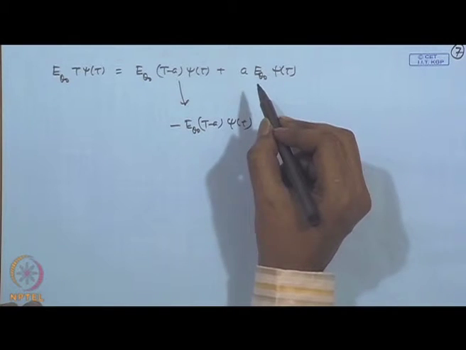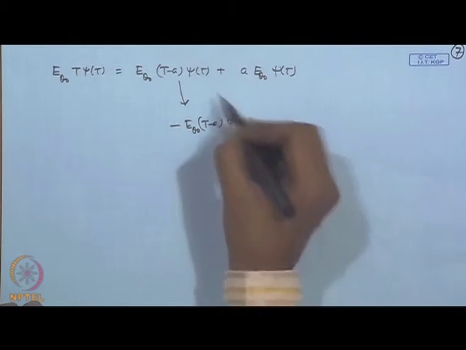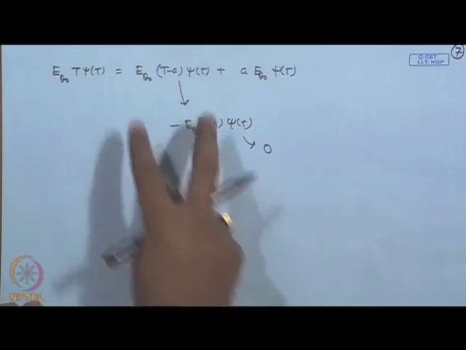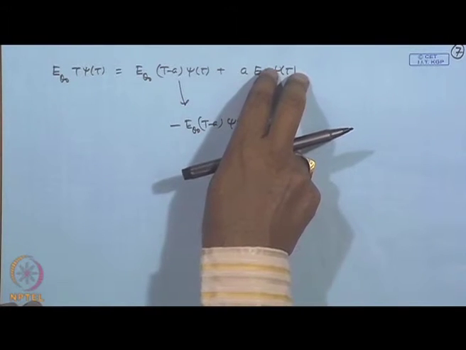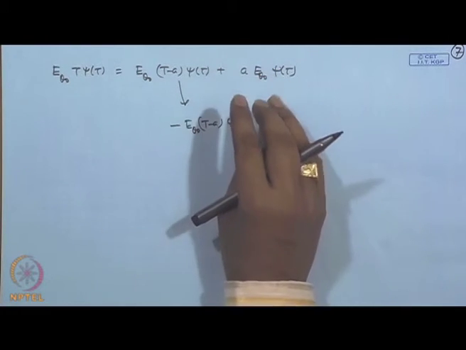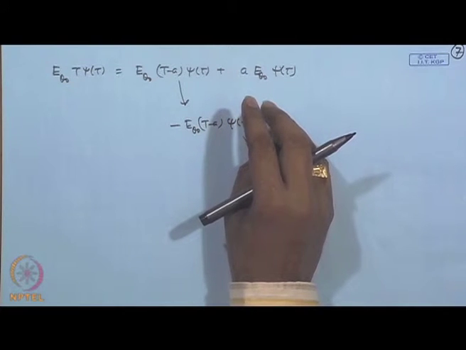So, if this is equal to 0, then this will become equal to 0. That means, this condition becomes this condition. So, it is automatically becoming true.